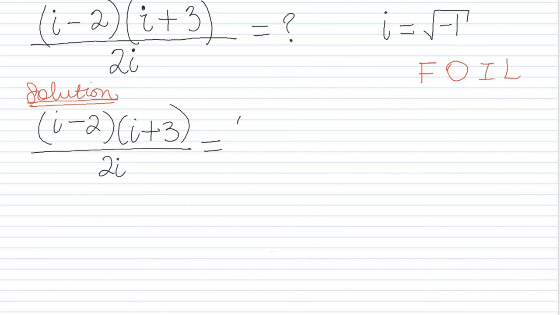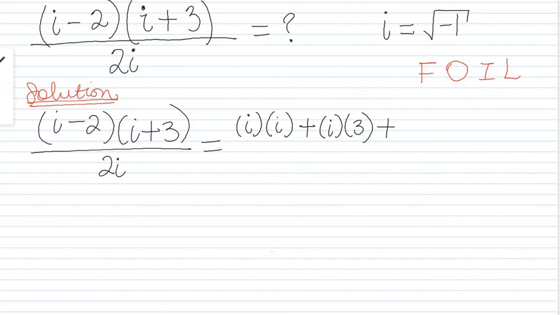So when we FOIL this, the first terms in each bracket are i. So the first one, i multiplied by the other i, plus the outers. What are the outers when you look at both brackets as a whole? We have i multiplied by positive 3. Plus, what is the innermost information?